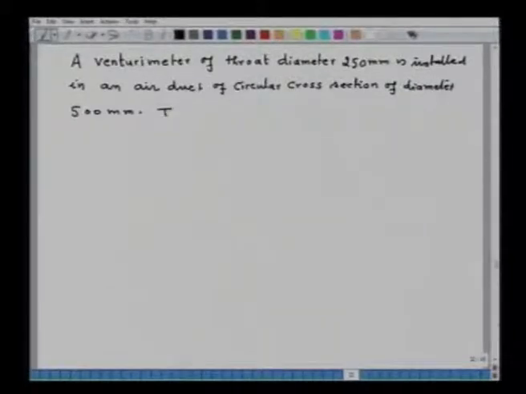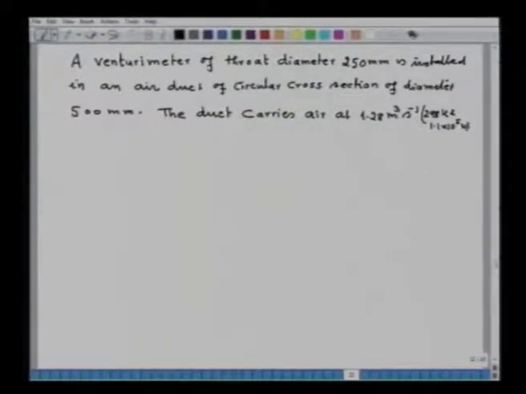The duct carries air at 1.28 meter cube per second, which is given at 298 Kelvin and at pressure 1.1 into 10 to the power 5 Newton per meter square.